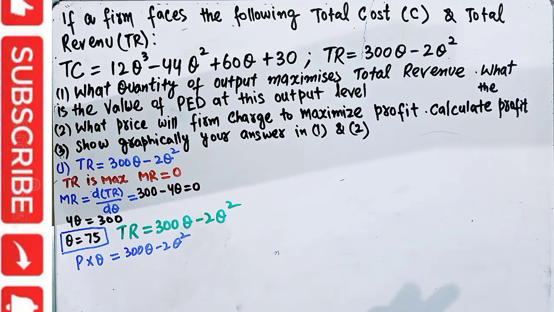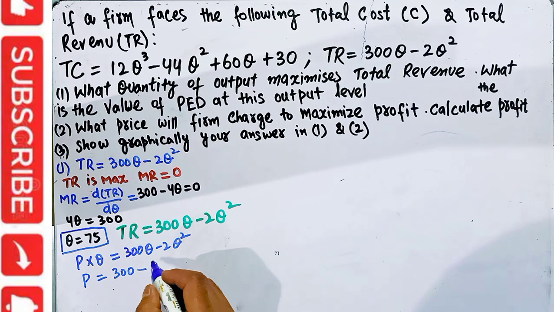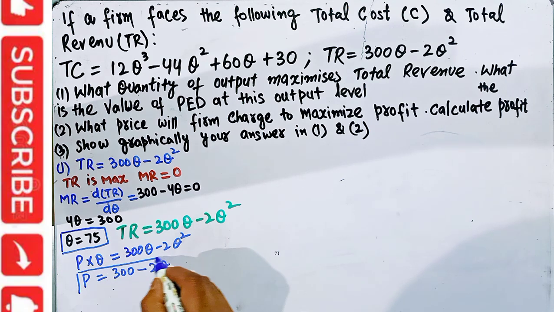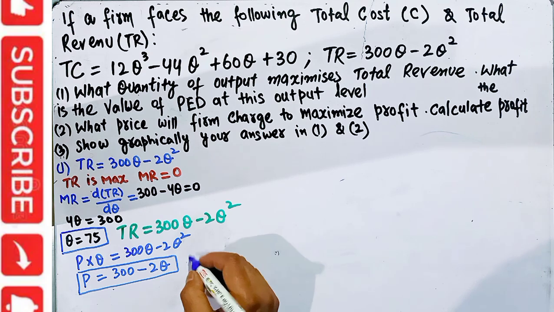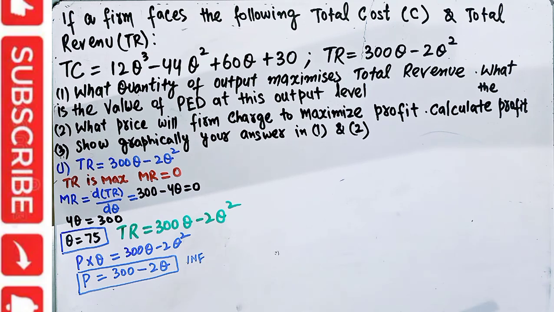Dividing both sides by q, q gets cancelled, so p is equal to 300 minus 2q. This is our demand function, but actually it is the inverse demand function. To find out the elasticity of demand, we need to solve this demand function for Q.